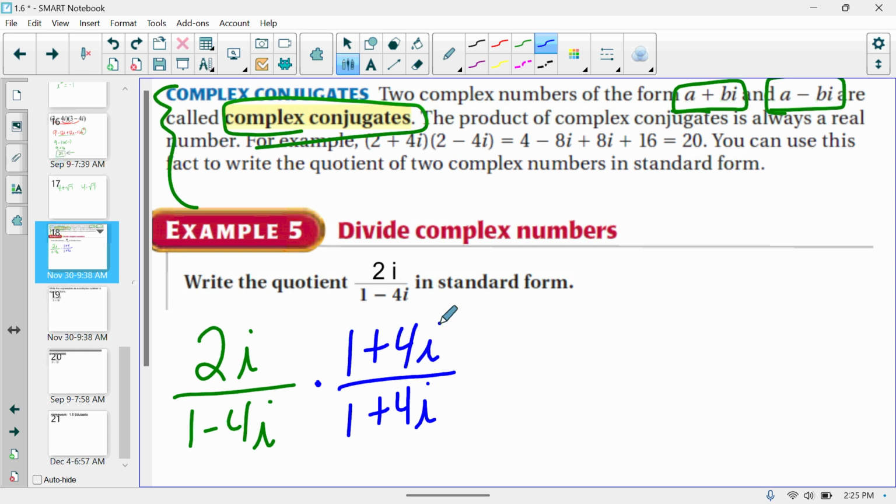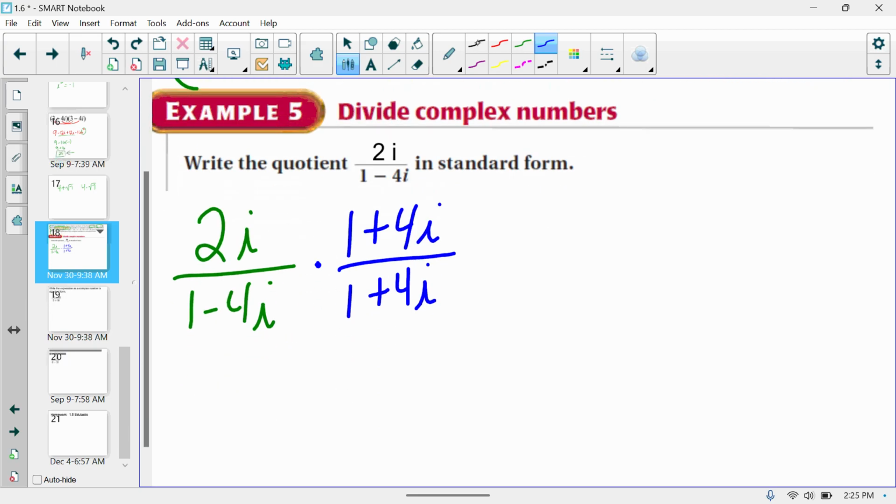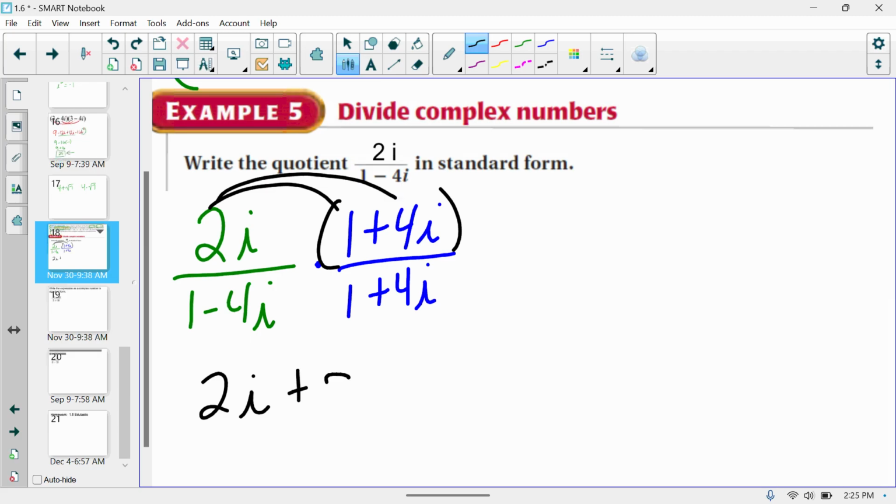Again, this should look very similar to what we did with 1 plus radical 7, how we multiplied by 1 minus radical 7. It's the same idea. So up in the numerator, you're going to have to do 2i times 1. So that's 2i. 2i times 4i is positive 8i squared, right?